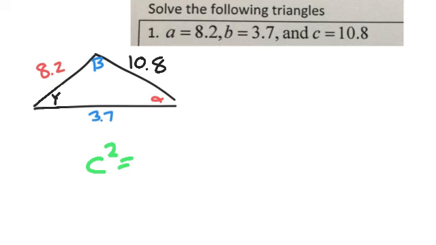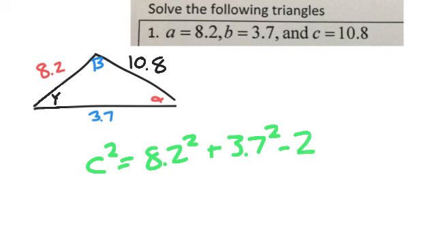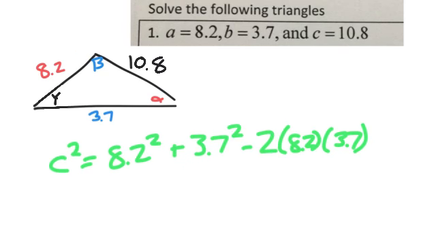So a squared would be 8.2 squared plus b squared, which is 3.7 squared, minus 2 times a, which is 8.2, times b, which is 3.7, times cosine of gamma. And sorry, I just realized I didn't plug in here. I know what my c is, right? That's just the missing side, so that should be a 10.8 squared there.